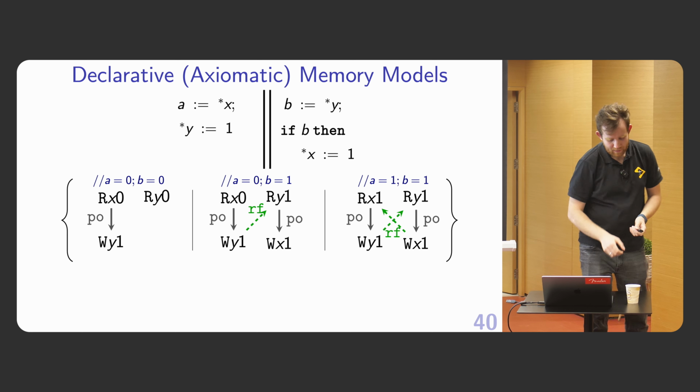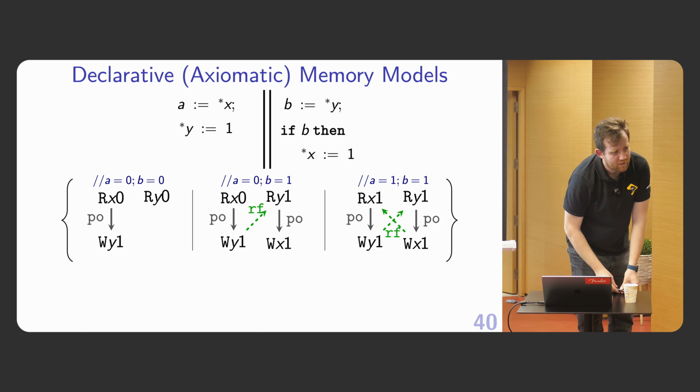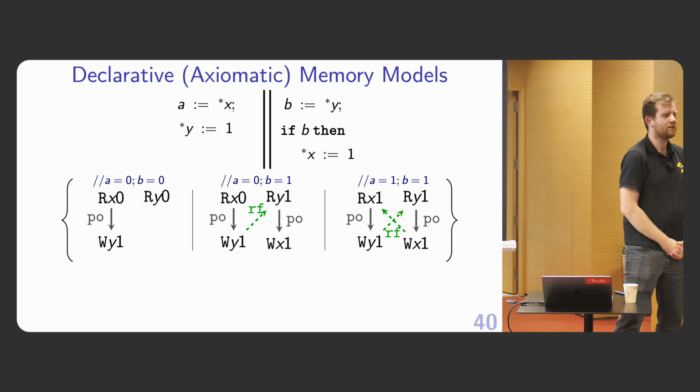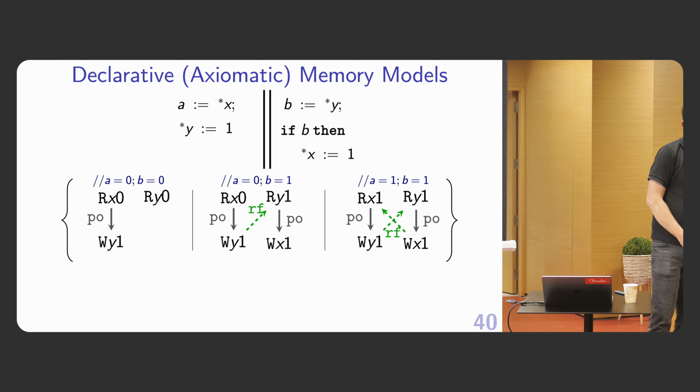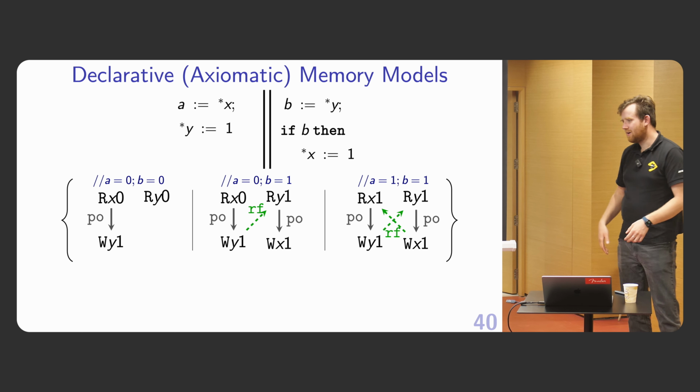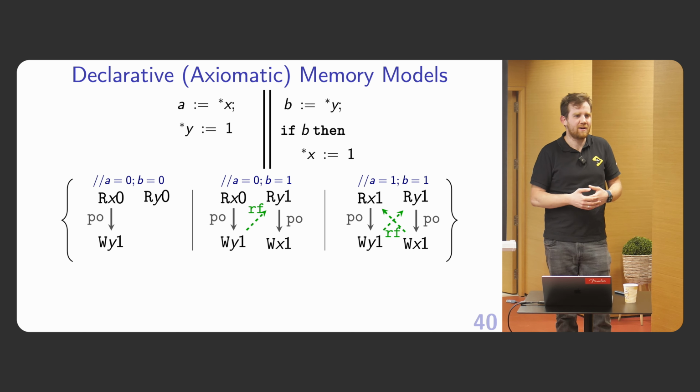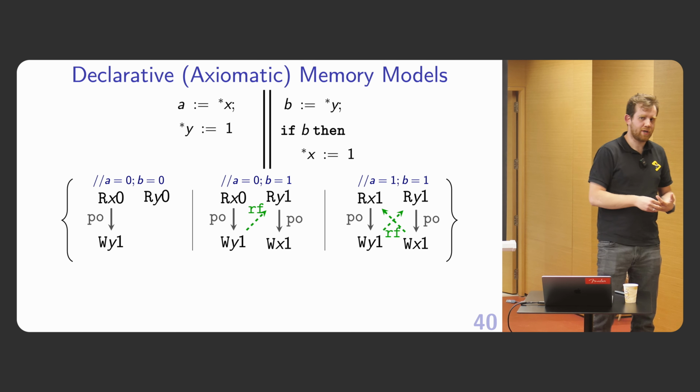If the C++ model allows reorderings, why in this graph is the po edge directed at all? Once again, this is a formalization which we would like to have.